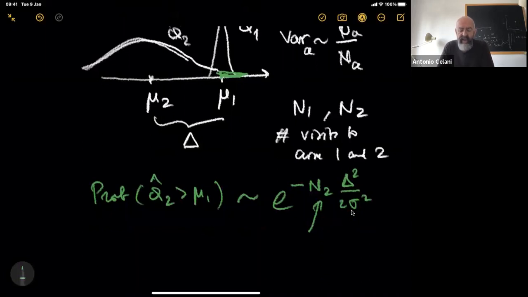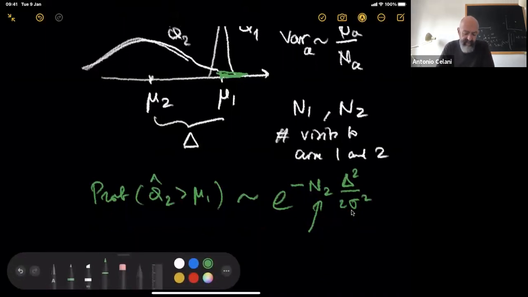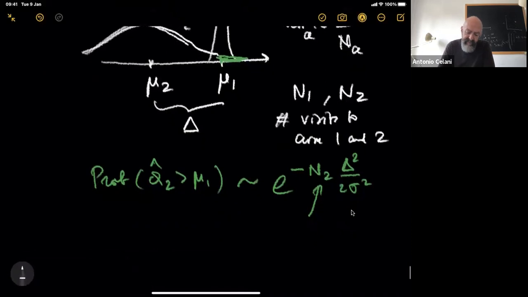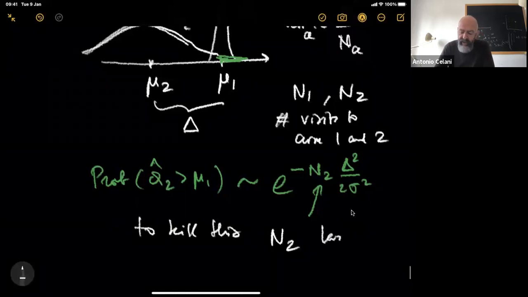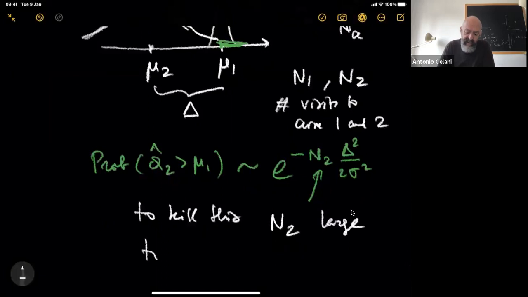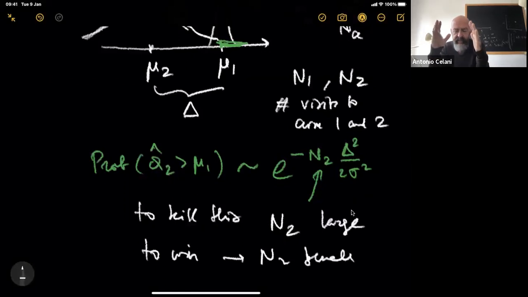In order to kill this probability, you want to have N2 large. But to win, you want to have N2 small. So there must be some sweet spot in there in which you balance these two things.